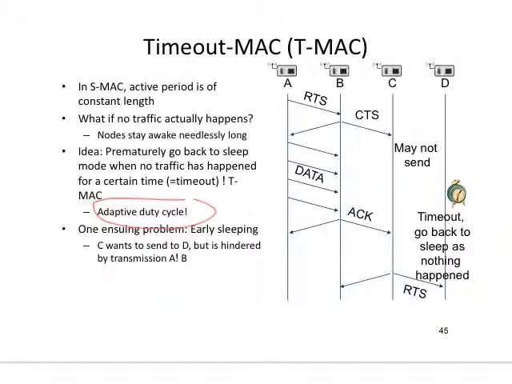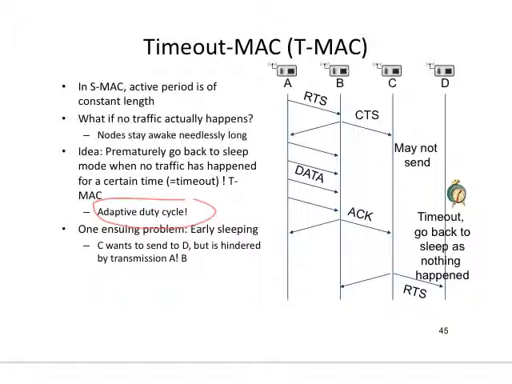Of course, by adjusting this timeout, you can reduce the possibility that after you go prematurely to sleep, you are so unlucky that C tries to send you an RTS, like before the end of the active period. C waits until the very last part of the active period and then it wants to send you something.